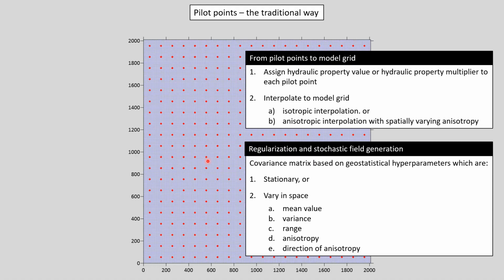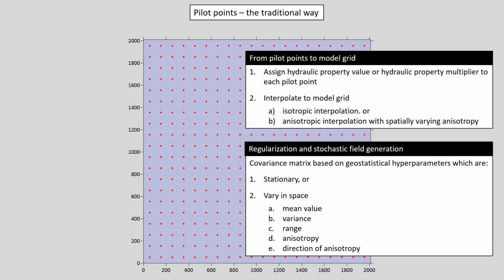In either case, we need a covariance matrix to go with our pilot points. If we're doing regularized inversion, that is calibration, the covariance matrix is used for regularization.